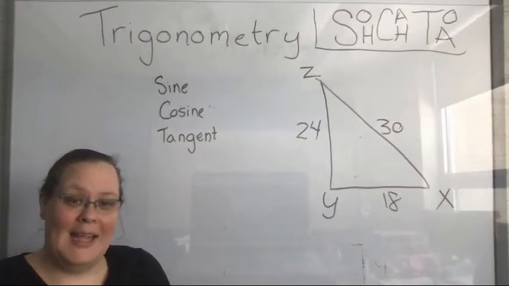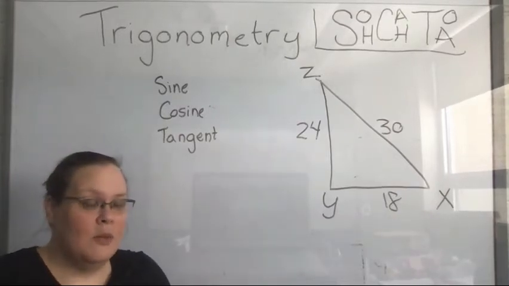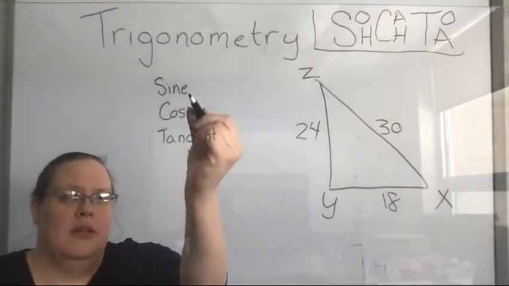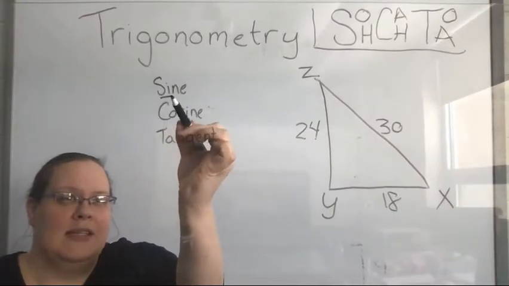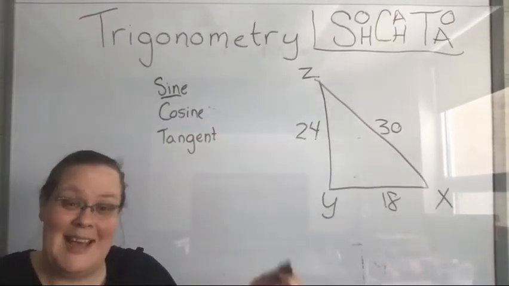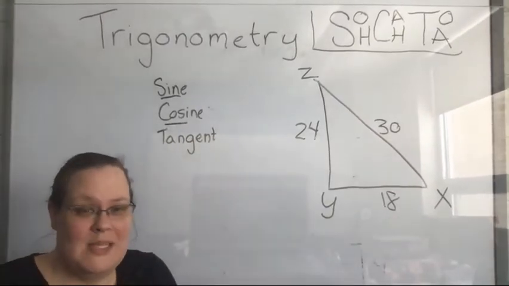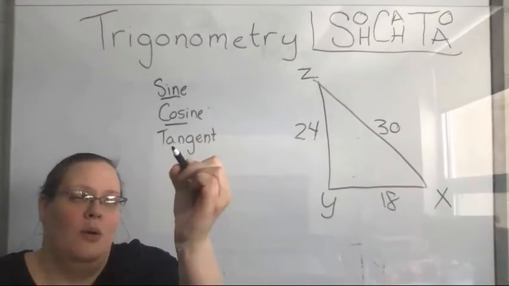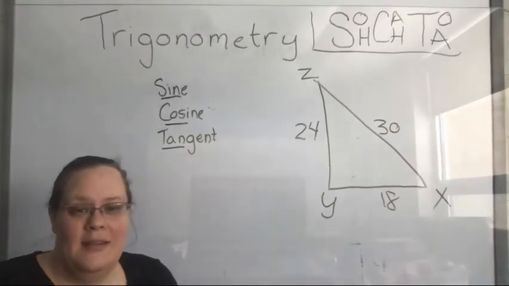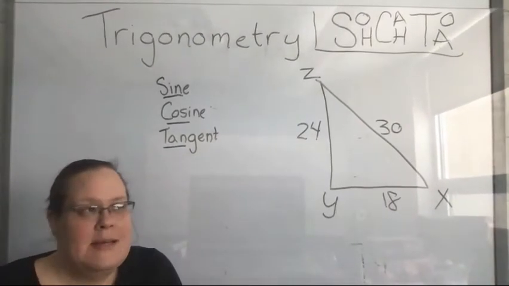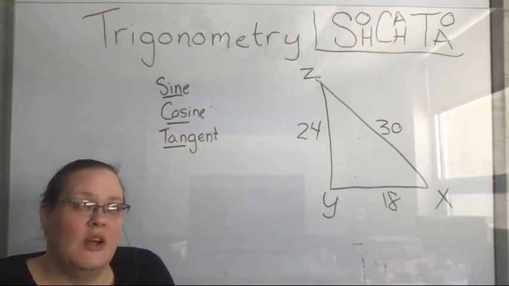When you look at a calculator, your calculator will have buttons for these, and it'll just be abbreviated SIN, but we pronounce it sine, COS, which we say cosine, or TAN, which we pronounce as tangent. And this is what we're going to start looking at today.